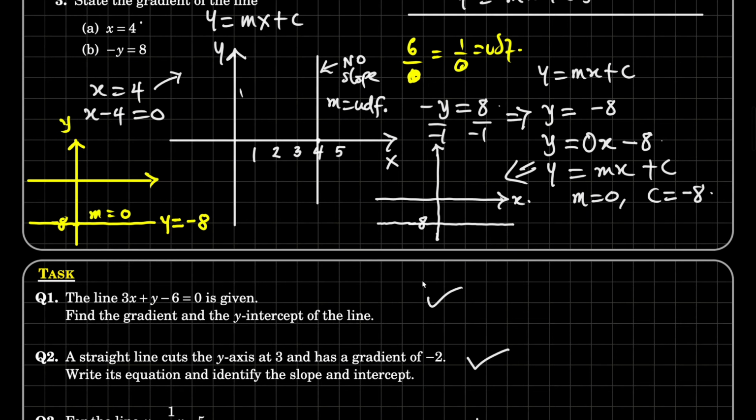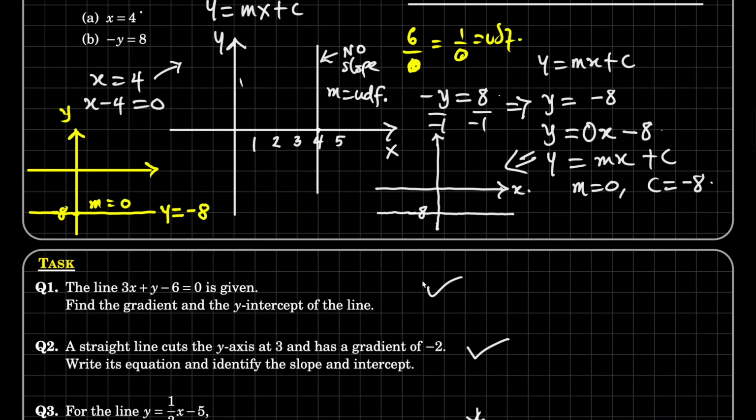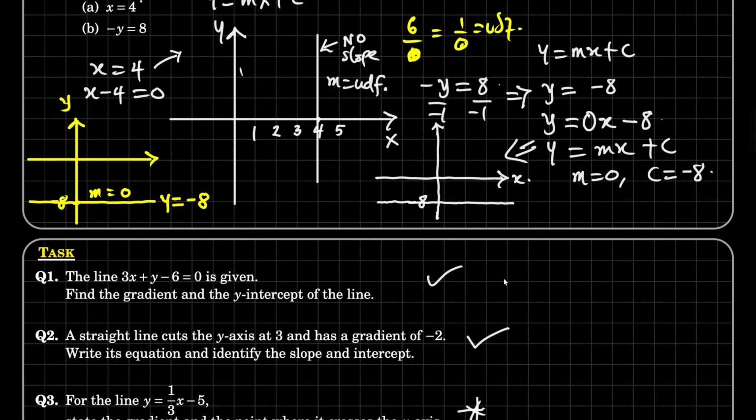Responses. I think we have just one person. Gradient is equal to -3 and intercept is equal to 6 for number 1. What about question 2? Don't forget that the formula you are going to use is y is equal to mx plus c. And for this one, all you just have to do is to make y the subject of the formula.